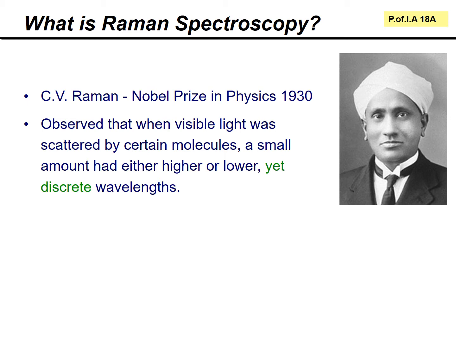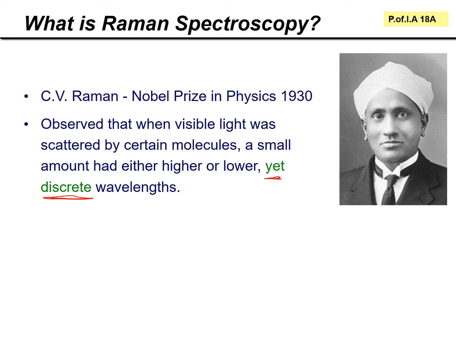Now that in itself is interesting, but can be explained by classical physics. What he saw was that not all wavelengths were scattered. There were only some discrete wavelengths that were different to the incident wavelength that was scattered.